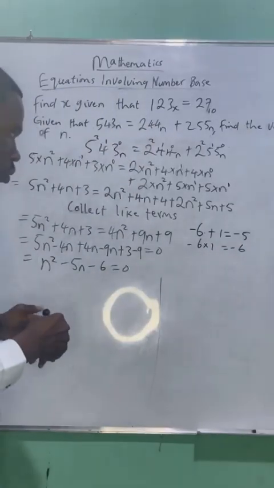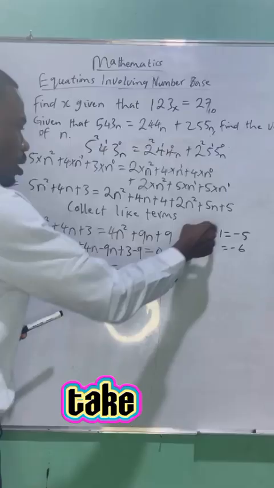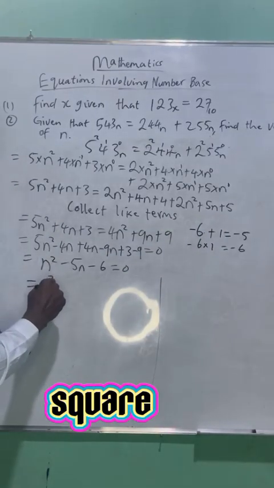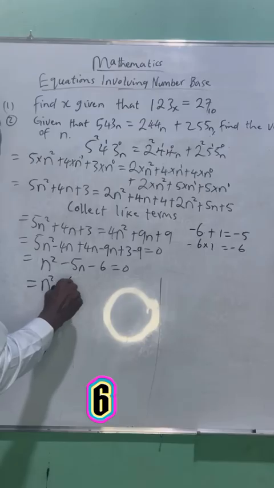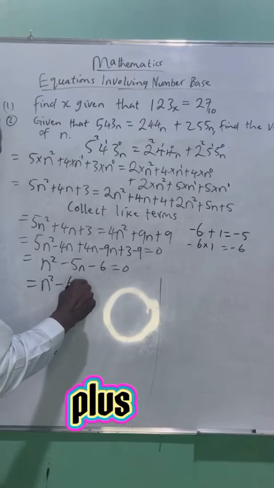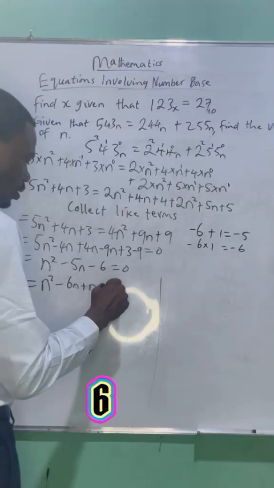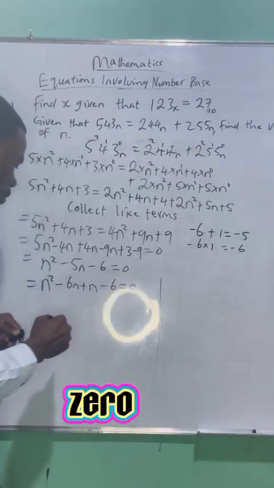So I'm going to take the upper part. So I have n squared minus 6n plus n minus 6 equal to 0.